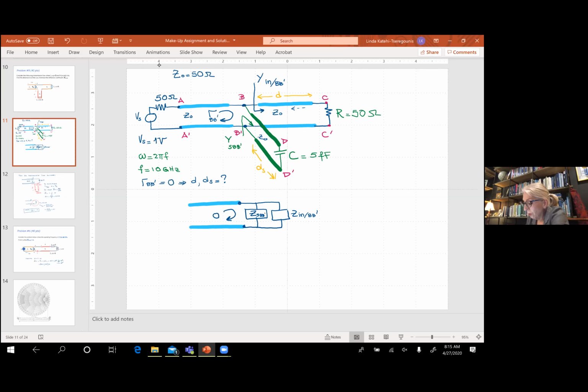And also what we would like is to normalize everything. All right, so we would like to normalize this and to normalize this because the characteristic impedances are the same.